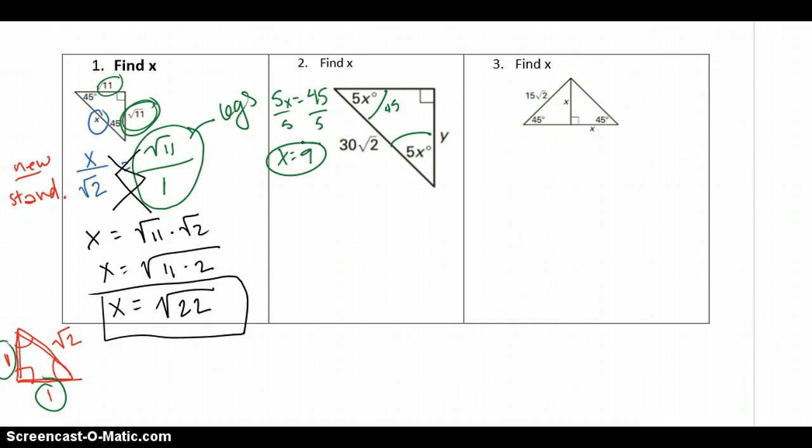We can also solve for y, our missing side. I'm going to erase all the stuff I drew inside the triangle so I don't get confused. To solve for y, we know now that this is a 45, 45, 90 triangle. So we just got to set up our proportions. In my new triangle, my hypotenuse here is 30 root 2.